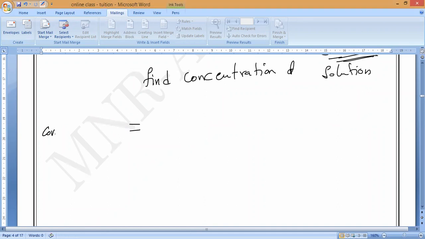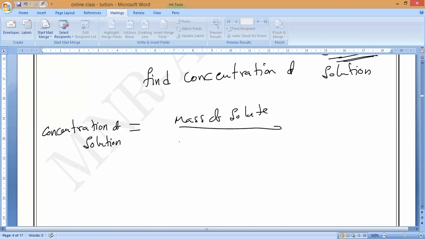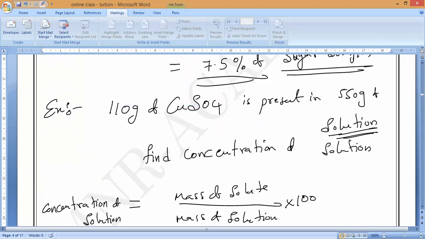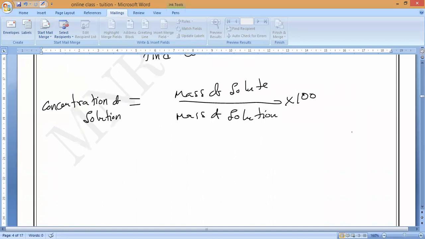Concentration of solution equals mass of solute divided by mass of solution into 100.